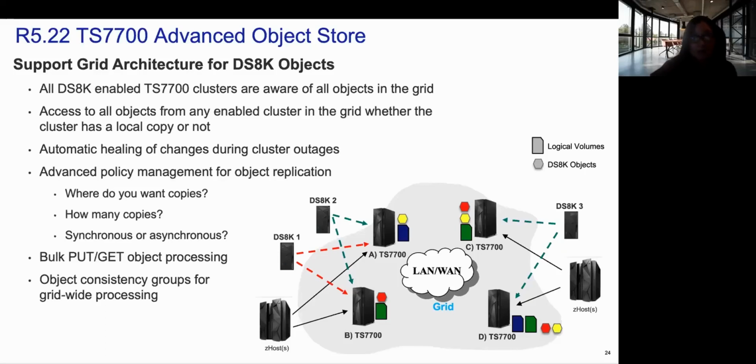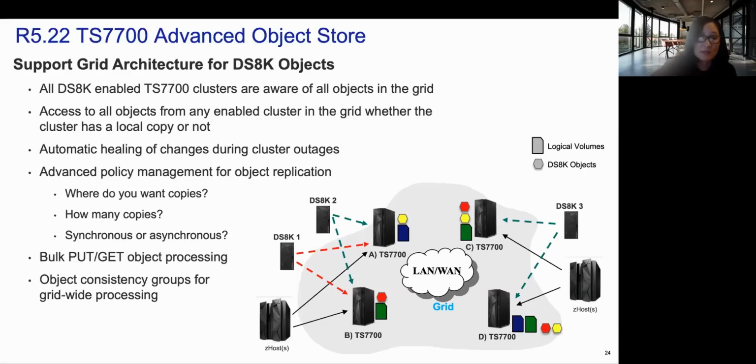When DS8000 connects to those two 7700s, they will be load balancing and not fork writing the same object. So now we have better performance, because you could be utilizing both clusters in your grid to do work for you. This is very much how we run the zOS virtual tape logical volumes, where the host can connect to multiple 7700s, load balance between them, and then have the 7700 drive any copies that you have.